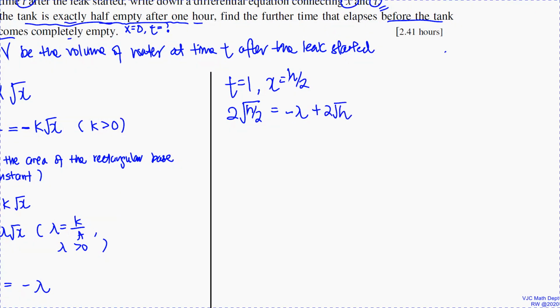Okay? Where t is 1. So to make lambda the subject, you get 2 root h minus root 2 root h. That means lambda is 2 minus root 2 root h.